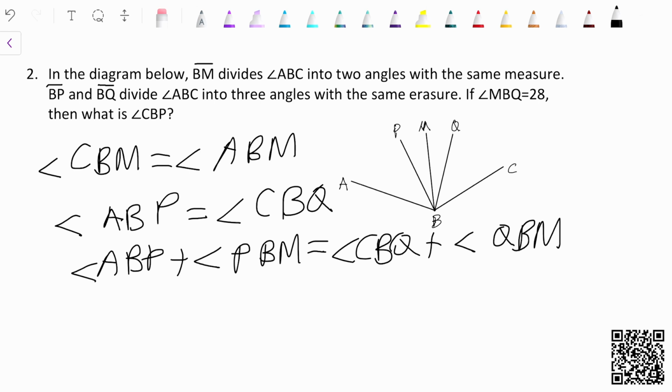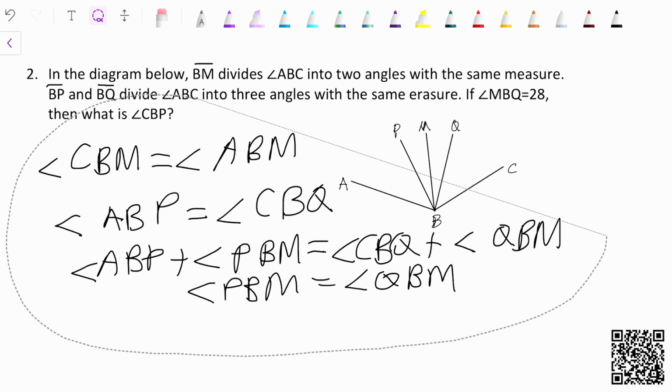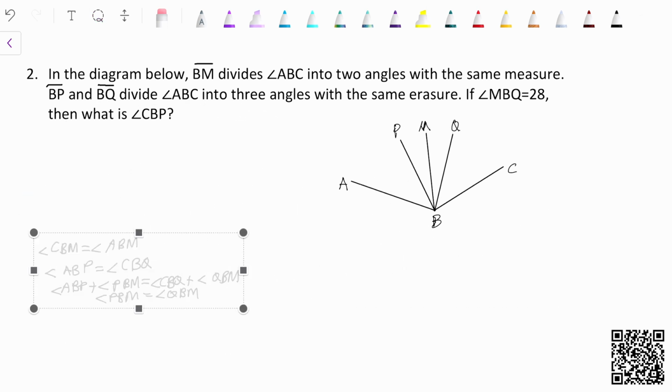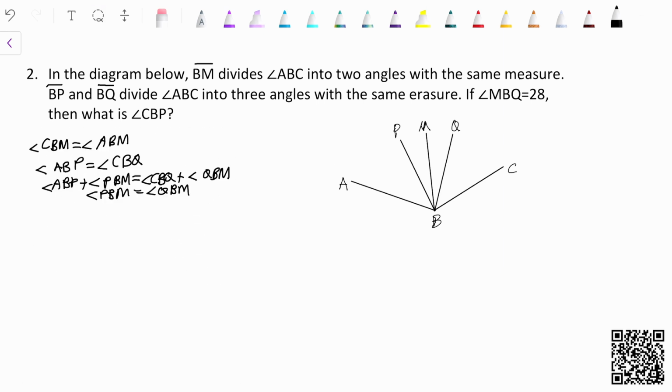And since, as we proved, ABP and CBQ are equivalent, angle PBM is equivalent to angle QBM. And it's just nice to have some reassurance, okay? So now we know that these 2 center little angles are equivalent, and solving from there is basically smooth sailing.